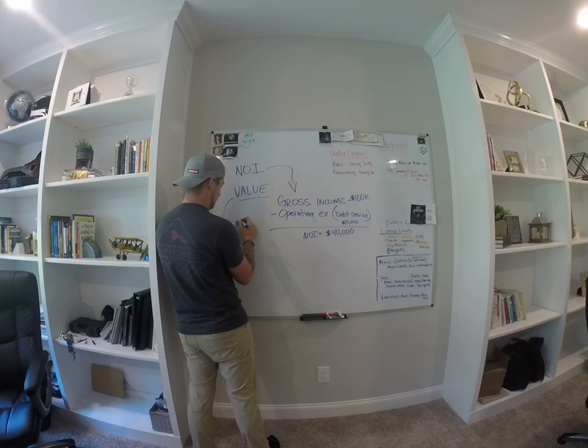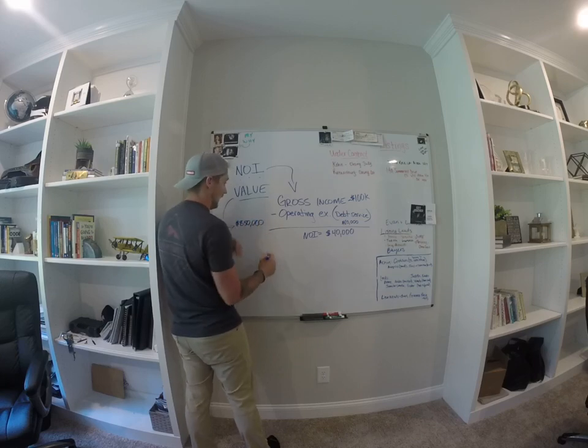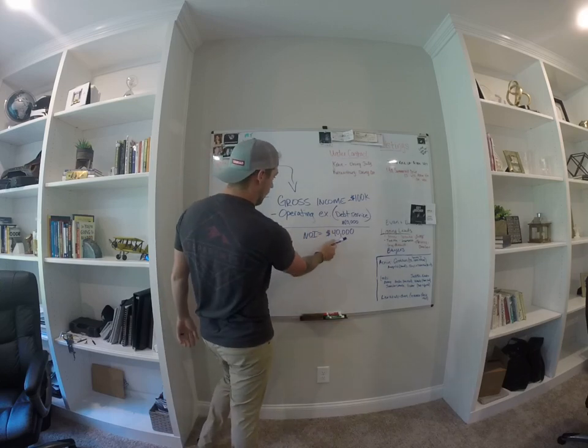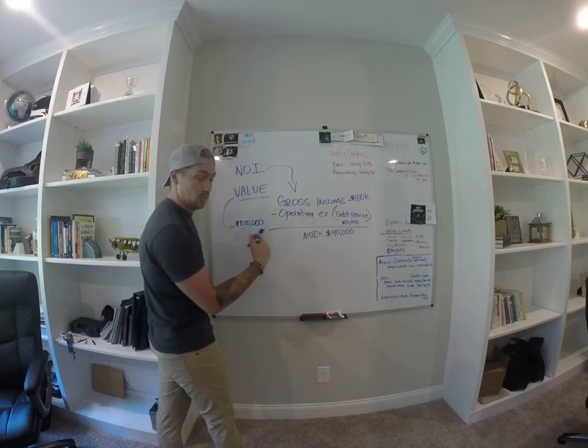Now, let's say that this property is for sale, not really valued at, but for sale for, let's call it, $850,000. So we know our two numbers. We know our NOI, we know our value. What's the cap rate?